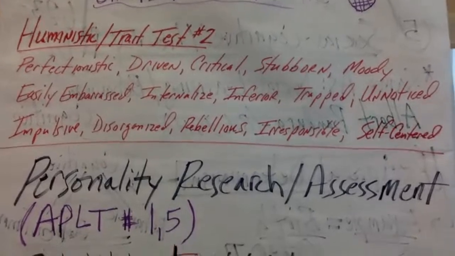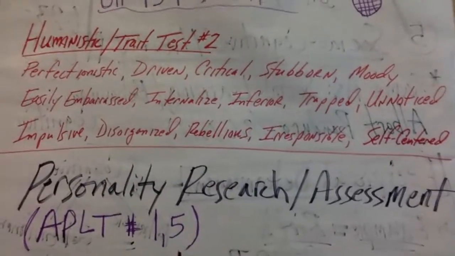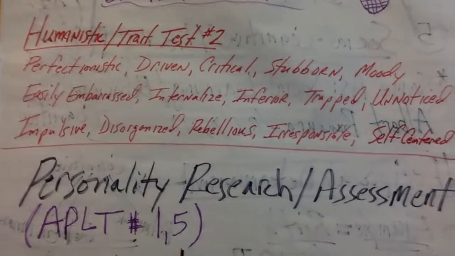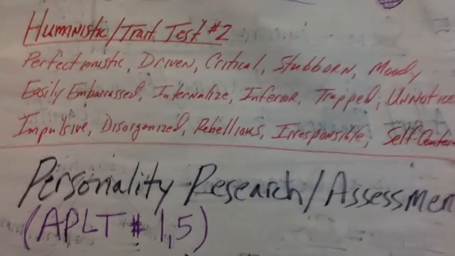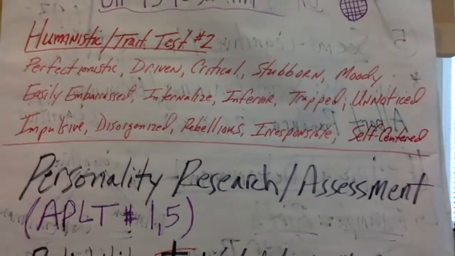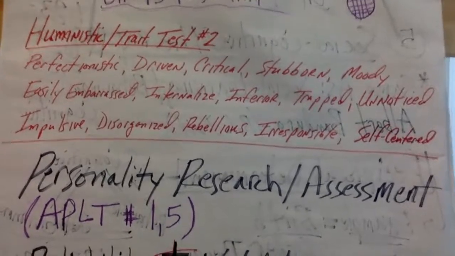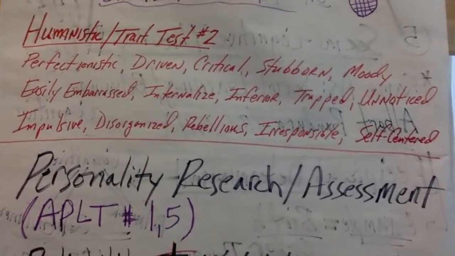Internalizer, so basically you hold things in, you keep things inside. Inferior, trapped, unnoticed. Okay, and then we have impulsive, disorganized, rebellious, irresponsible, and self-centered.